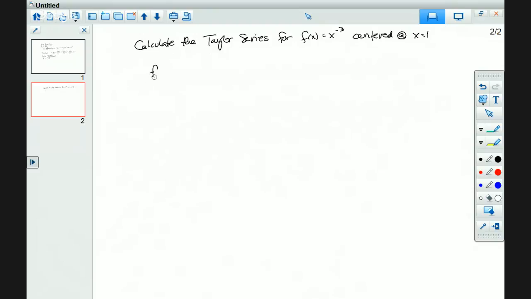Okay, what is f at 1? Remember, this is 1 over x cubed. So it's just 1. Okay, now what's f prime of x?